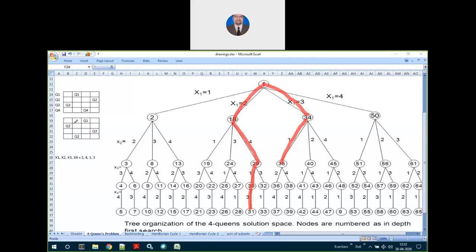Then x3 is 4, fourth column, so x3 is 4. Then x4 is second, x4 is second. So this is another solution, that is 1 to 34, that is 3 value. Then 34 to 35, that is 1 value. Then 35 to 38, that is 4 value. Then 38 to 39, then 2 value. This is another set of solutions.